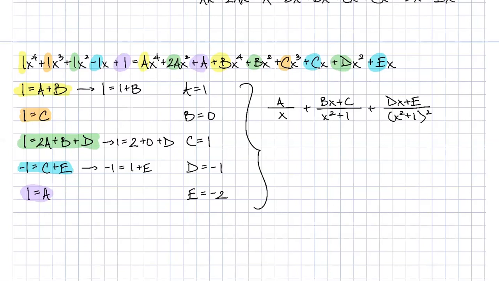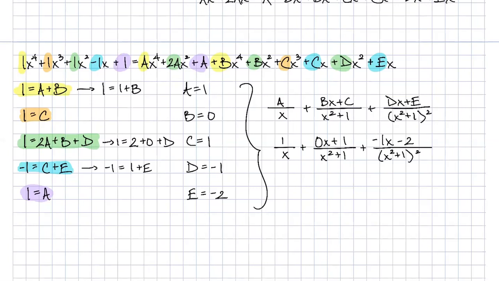Everywhere we see an A, we plug in 1, we put in B as 0, and so on and so forth. So we'll get 1 over X plus 0x plus 1 over X squared plus 1 plus negative 1x minus 2 over X squared plus 1 squared.